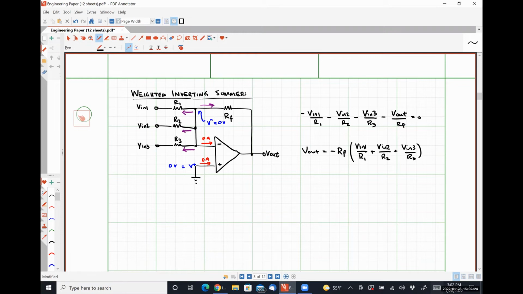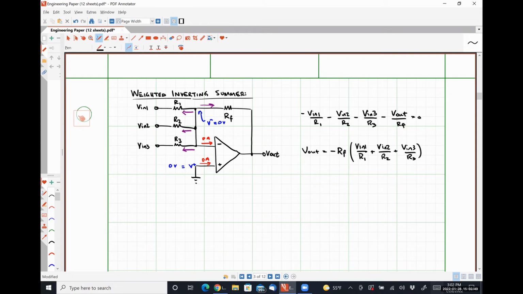So all of the different terms get scaled by different amounts. So it's weighted. It's an inverting summer because the output signal is negative for positive input quantities. And it's a summer because we can see obviously that the quantities VN1, VN2, and VN3 are added together, or at least scaled versions of VN1, VN2, and VN3 are added together.